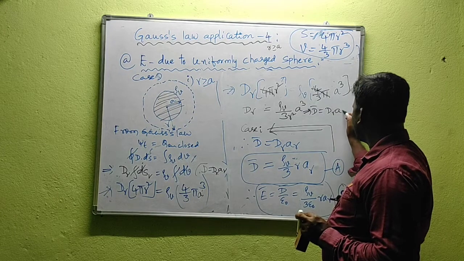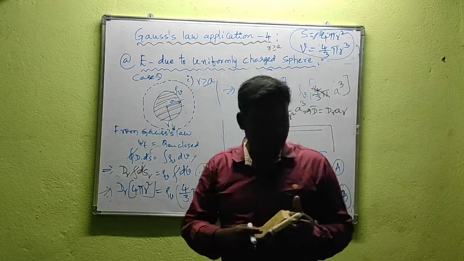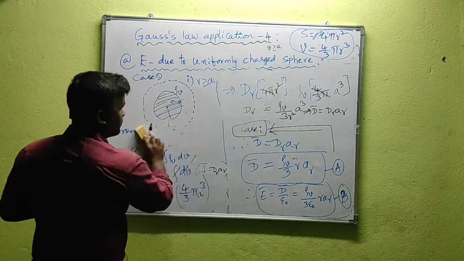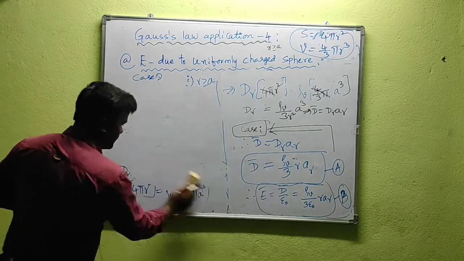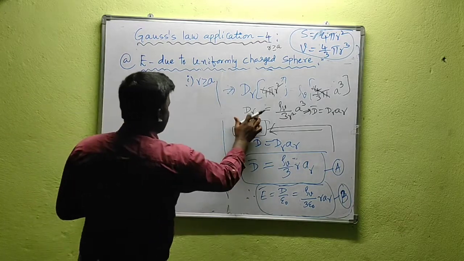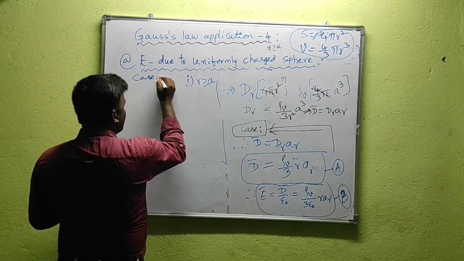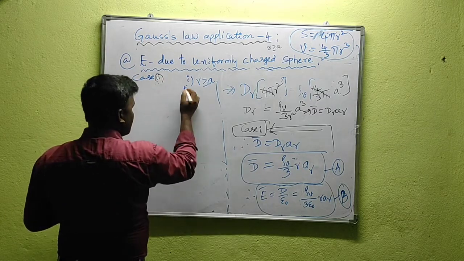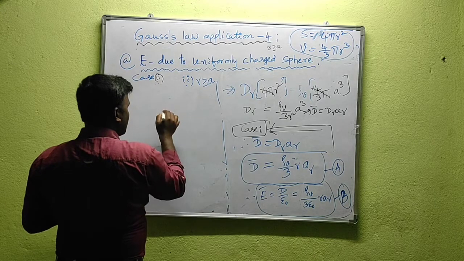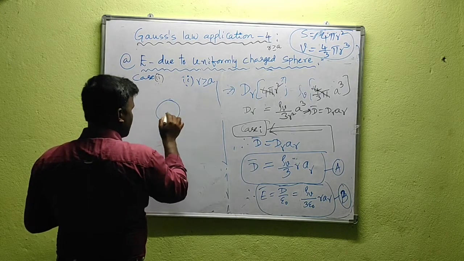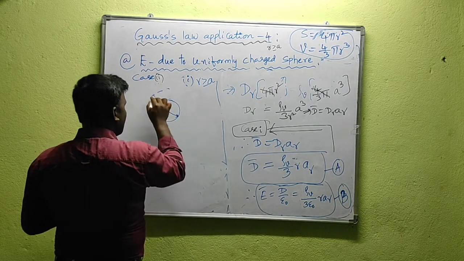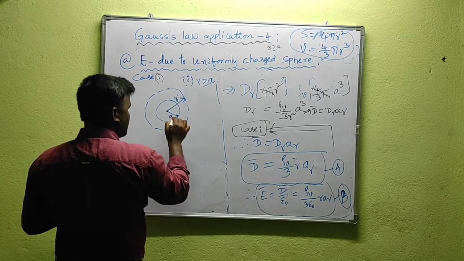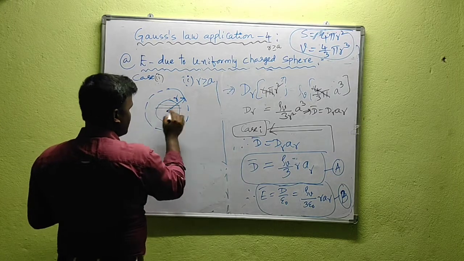I will write that expression here. It is for case 1, please remember, and for case 2 I will write this expression here. What about the diagram? r is greater than or equal to a, meaning this one is a and this is r. The enclosed region is this one.